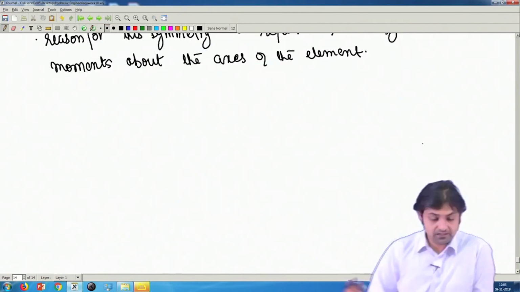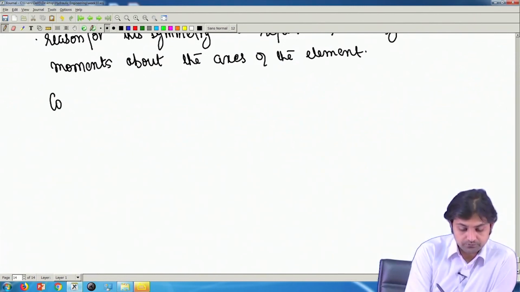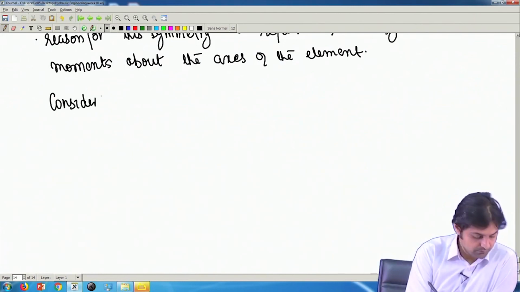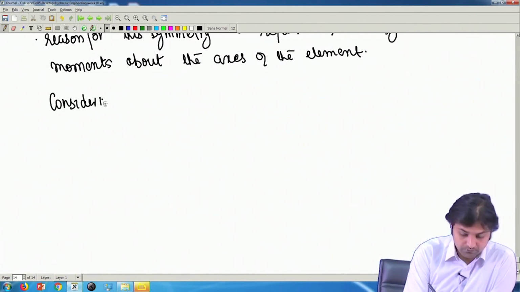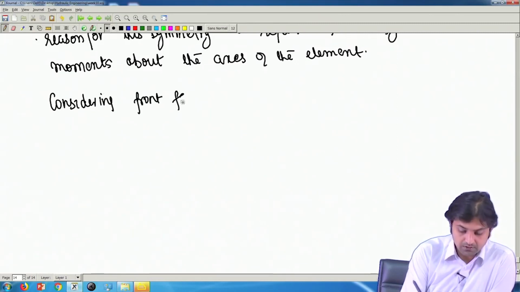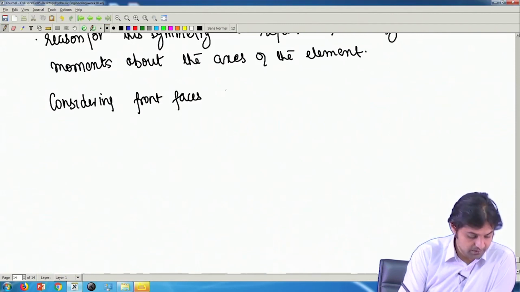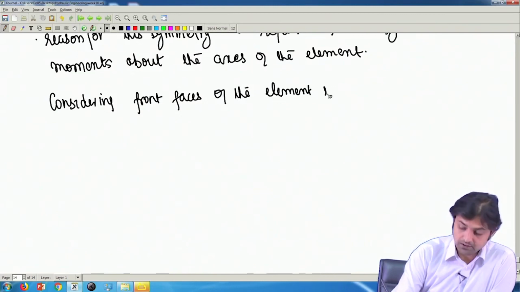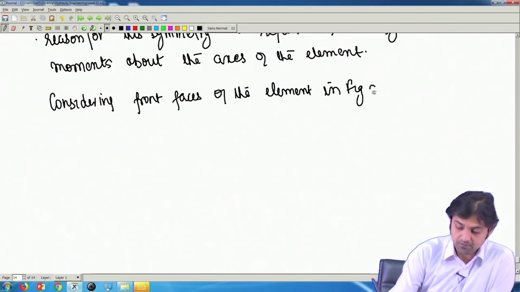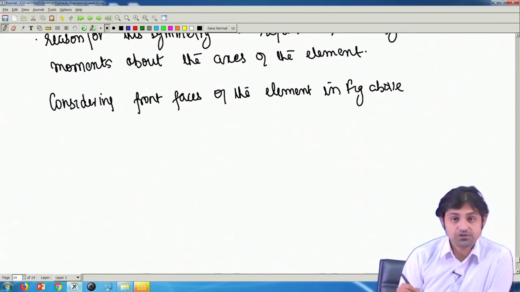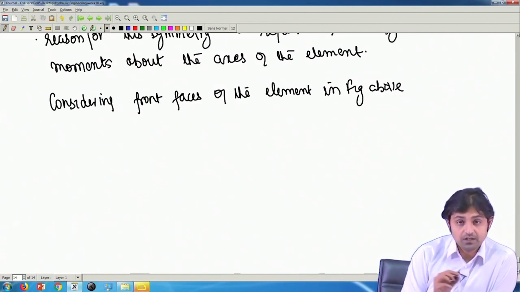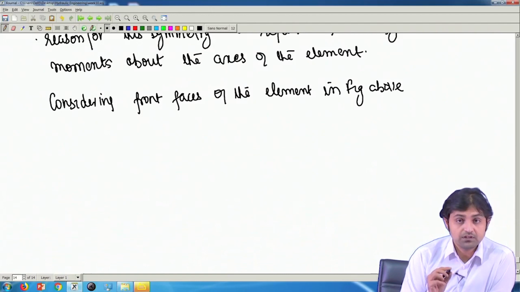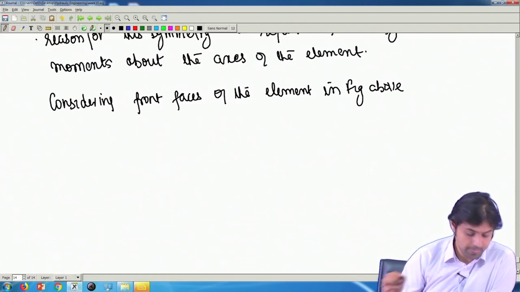So let us consider the front faces of the element in the figure above. Actually we wrote those stresses on the front faces itself.